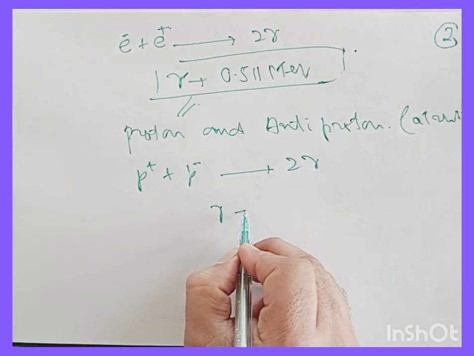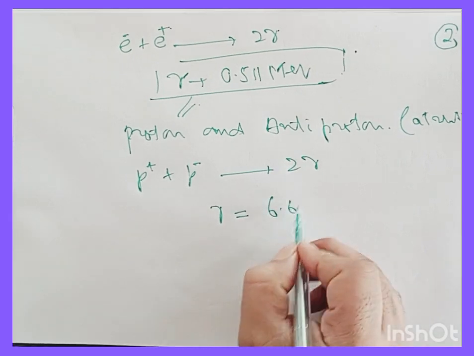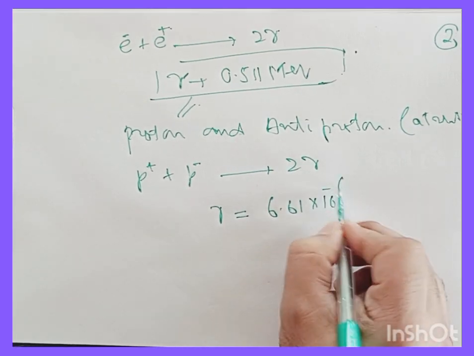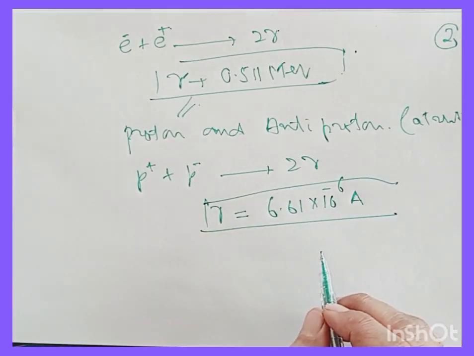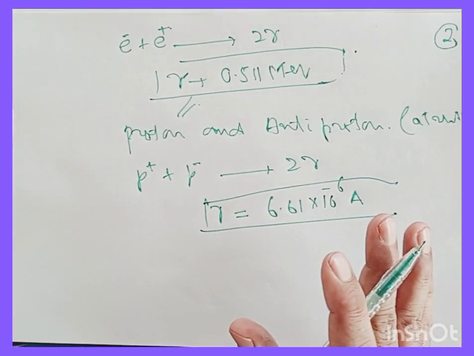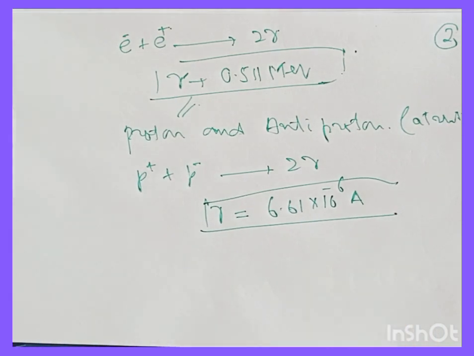The wavelength of this photon is 6.61 times 10 to the power of minus 6 angstrom, and from here we can calculate the energy of this photon. In fact, whenever any particle and its antiparticle combine, the total mass is annihilated, and at least a pair of photons is produced.